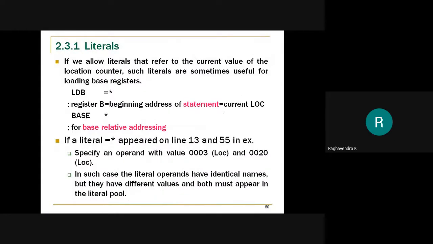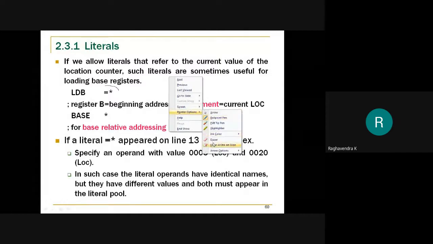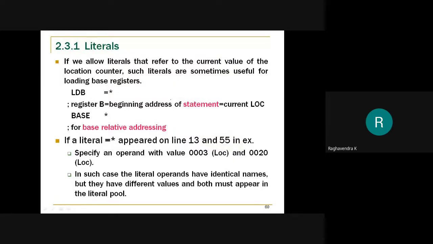Okay, so that is one thing. You can also use the current value of the location counter to assign the current address for defining any literal. For example, LDB =* that is present here means that you are supposed to generate the current value of the location counter as the literal value.